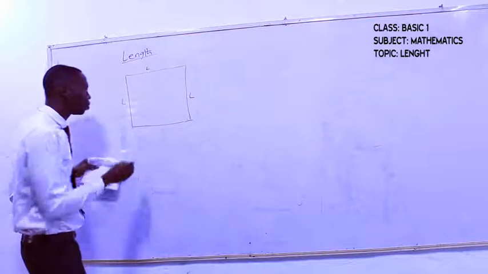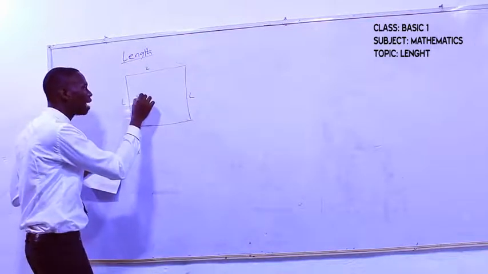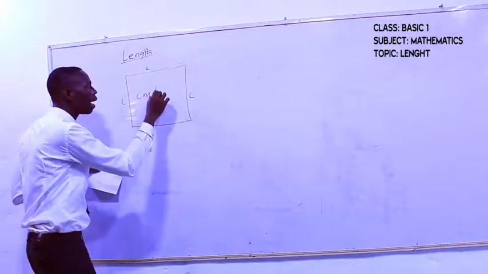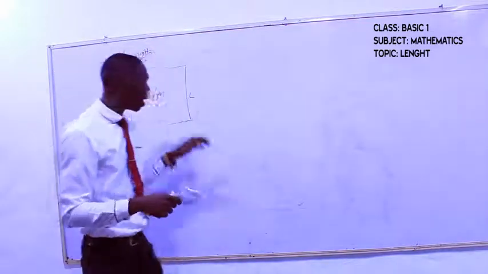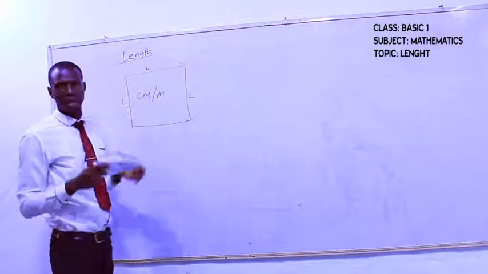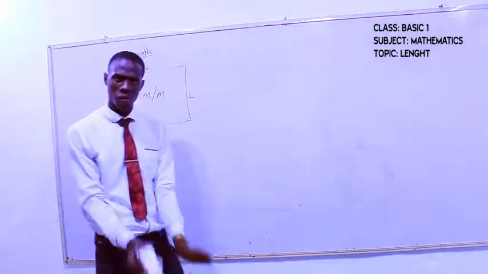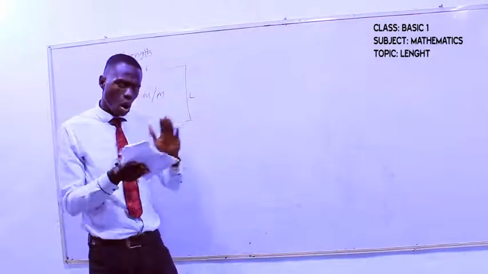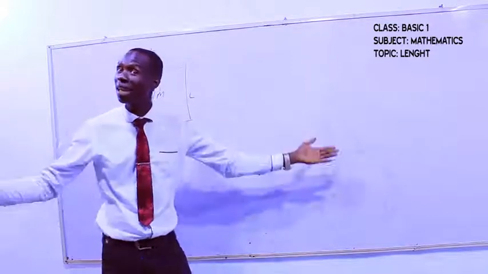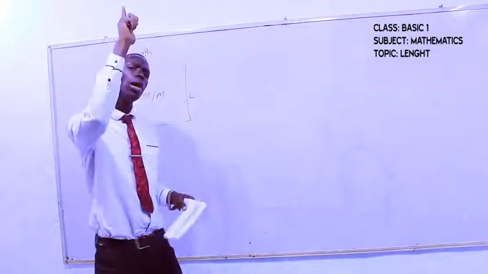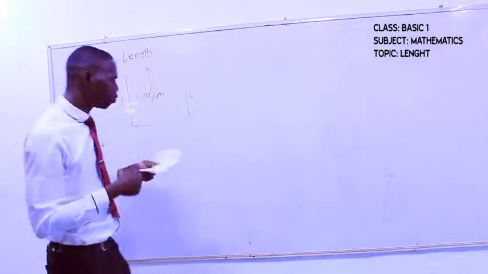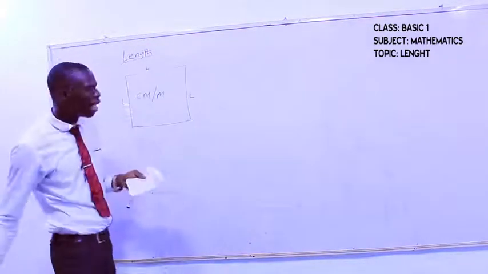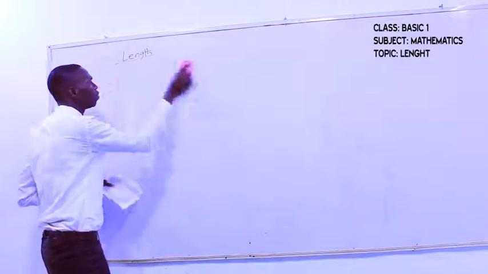And it's measured with a unit called cm or m. cm means centimeter, while m means meter. Length is the size of an object. It can be small, it can be big, it can be tall or short. Now let's move into different sizes of an object.